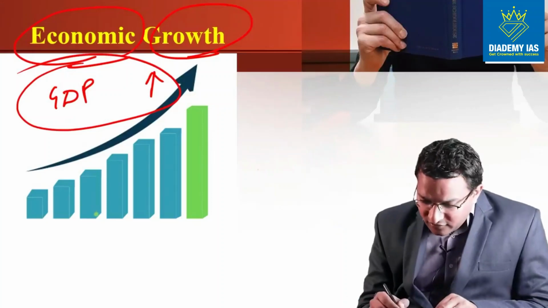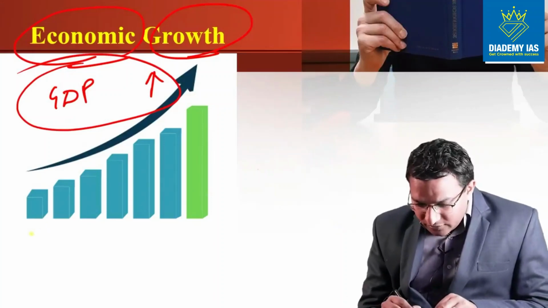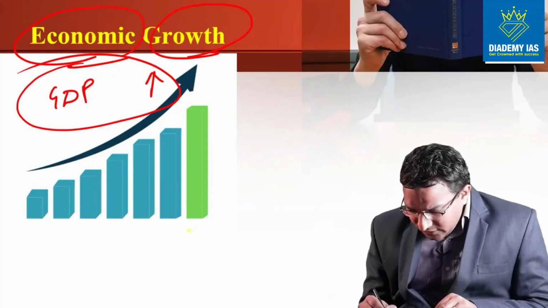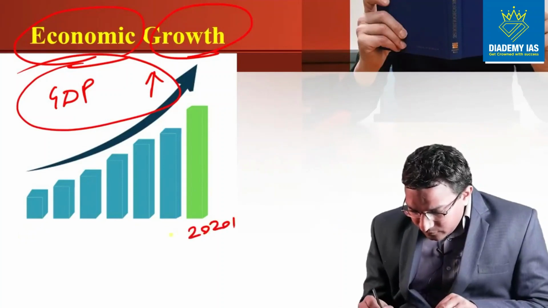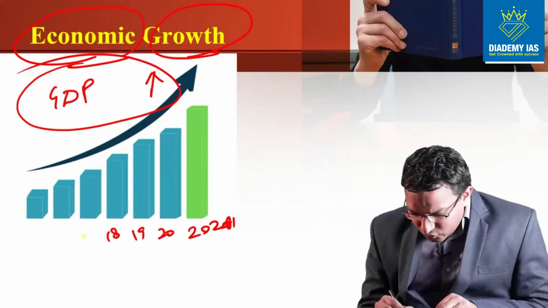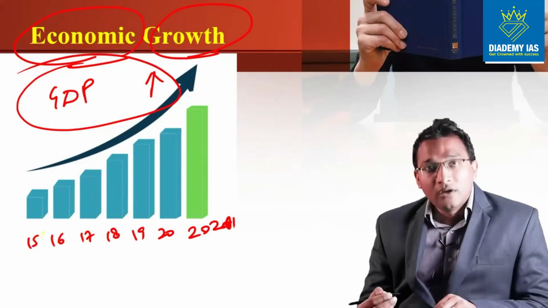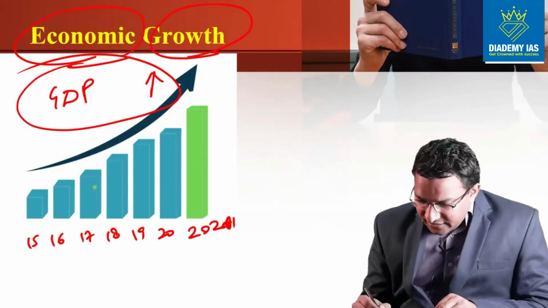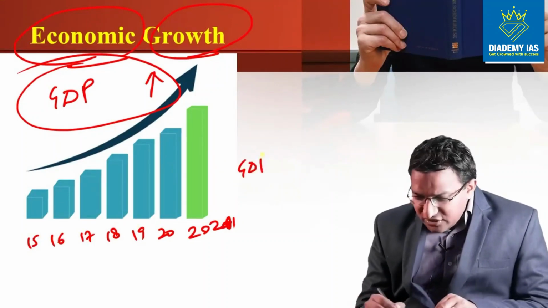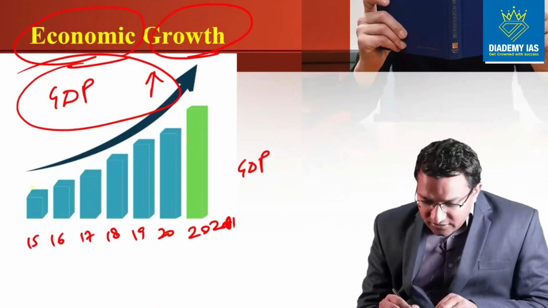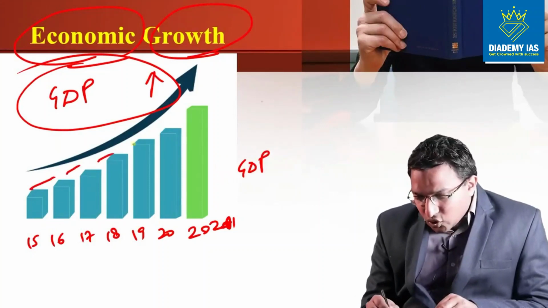So suppose this is the GDP value, and this is year 2020-21, this is 2019, 2018, 2017, 2016 and 2015, right? So this is indicating the GDP value. This GDP is increasing from this to this to this and so on.